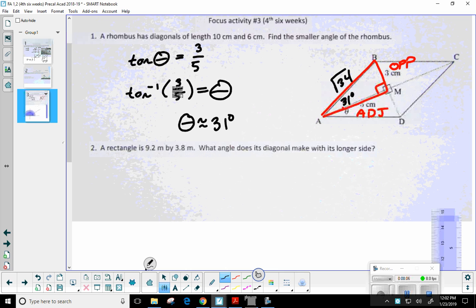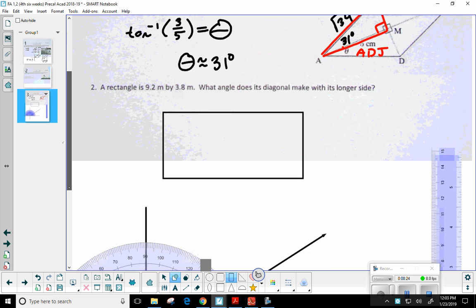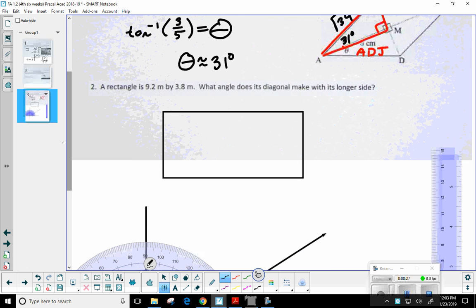A rectangle is 9.2 meters by 3.8 meters. What angle does the diagonal make with its long side? Okay, so let me go ahead and get a rectangle here. Okay, there we go. So it's 9.2 by 3.8.